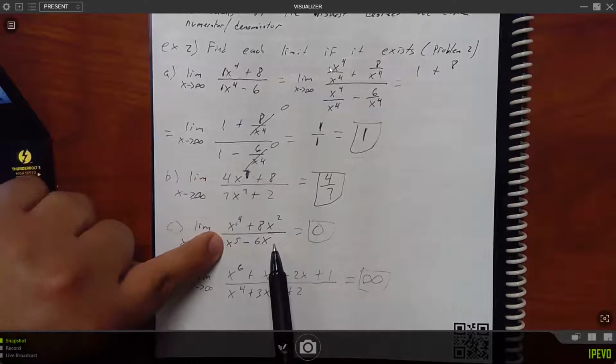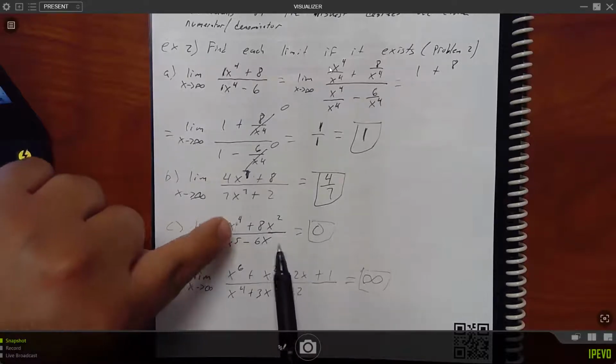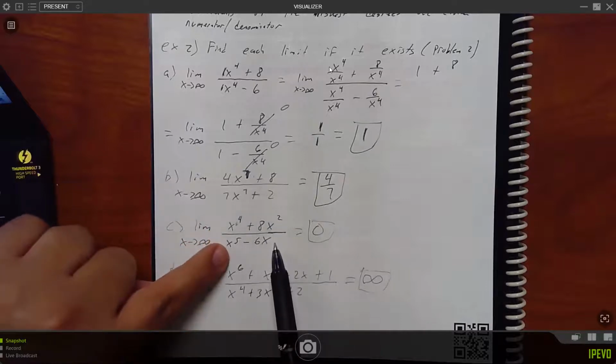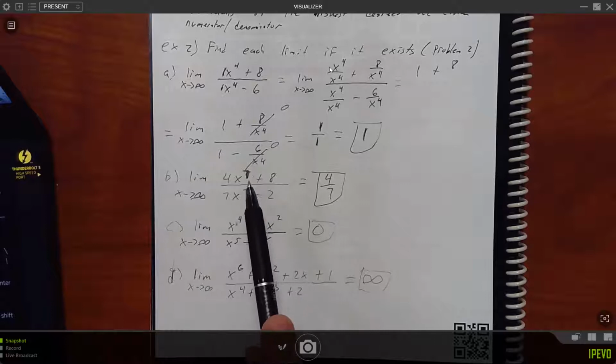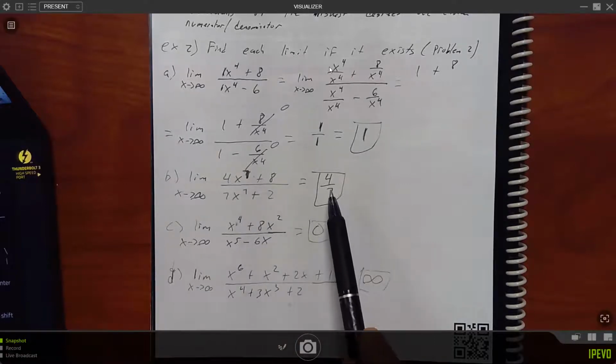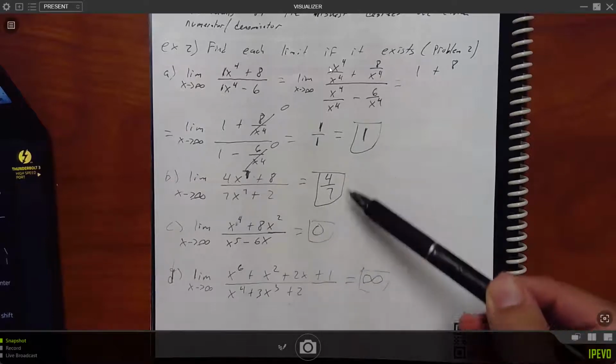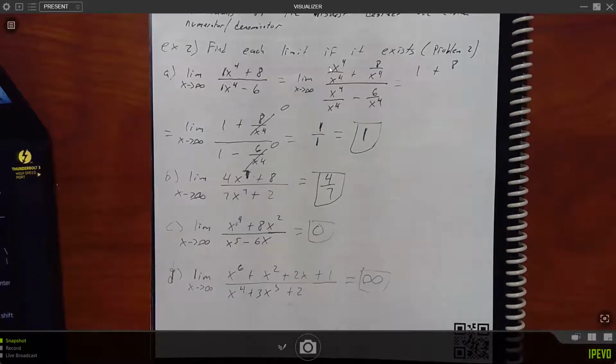If the bottom is growing faster, it'll keep growing, which will zero out the whole thing, because if the bottom gets too big, it's going to go to 0. Okay, gotcha. Thank you. If they go at the same rate, they cancel each other out and you take the coefficients. So those are the 3 scenarios you're going to see with infinite limits. Right. Okay, cool. Thank you.